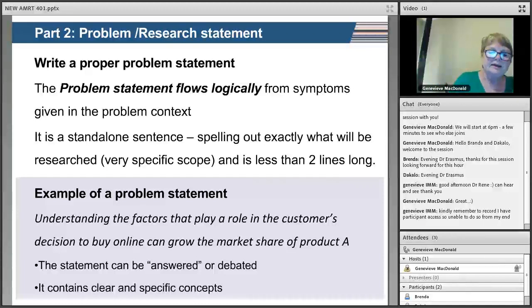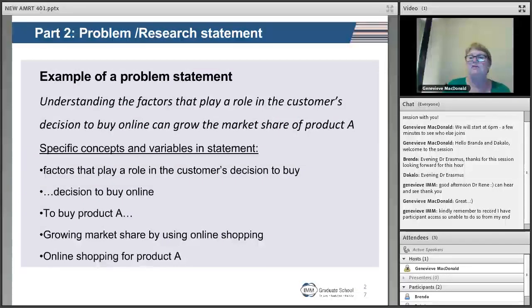So, customer decision to buy online, grow market share specifically of product A. It says to me exactly what will be researched in this research. Okay, and I can use those concepts, those words, as a base for my research questions and for my research objectives.